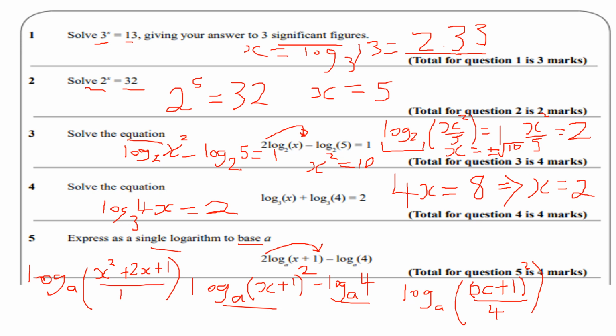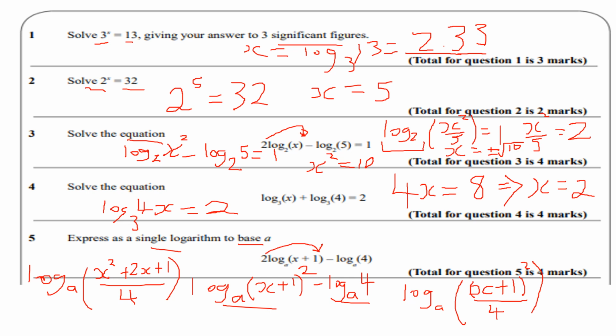And essentially, that would actually be my final answer. So that would be my answer for that question, because I can't actually simplify that anymore. If that makes sense, guys.